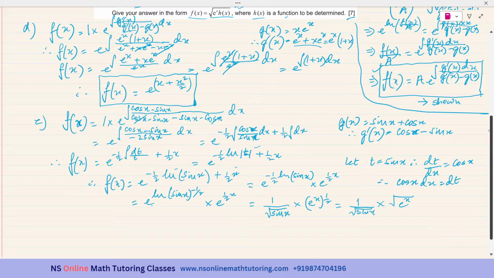You see, square root of e to the power of x, we have got this. So I can write this as square root of e to the power of x times 1 over sin x. Because this is having the square root, 1 can be written as square root of 1, so I can write this in this form.